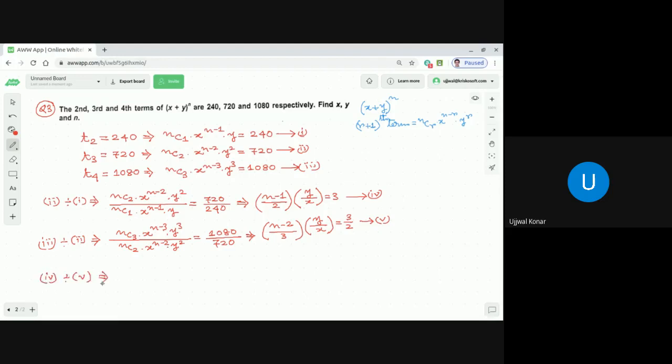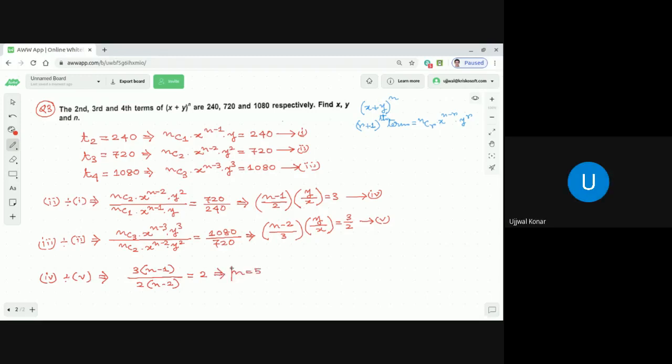That will be much simpler. What we are going to get is 3 into n minus 1 divided by 2 into n minus 2, because y by x will get cancelled. That should be equal to 3 divided by 3 by 2, that is equal to 2. And if you simplify, we'll get n equal to 5.